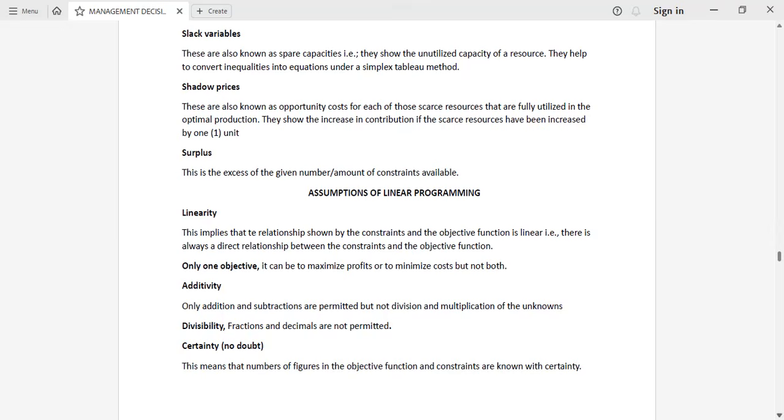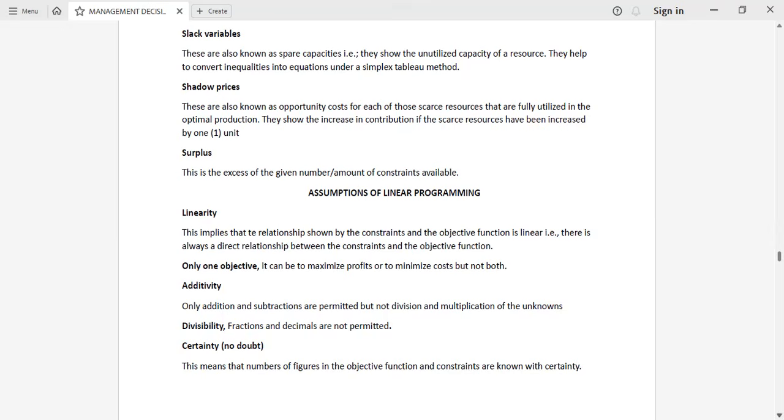Then the other one is divisibility. Some figures are going to be divided into given figures. In other words, if we can't divide them, then there is no way we are going to accept them, like having fractions, having decimals.